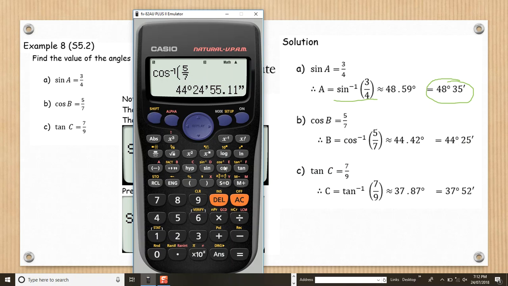Last one, shift tan 7 over 9 equals 37.87, press degrees, minutes, and seconds. 37, 52, 29. This number here is a little bit less than 30, so it stays at 37, 52.